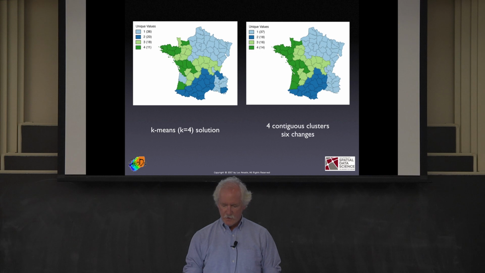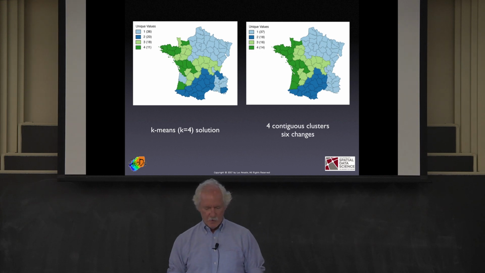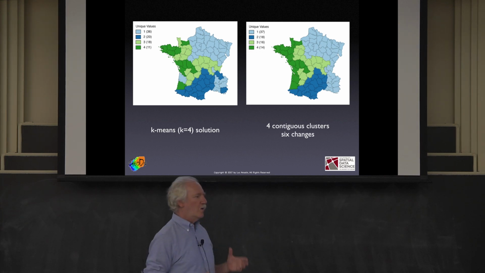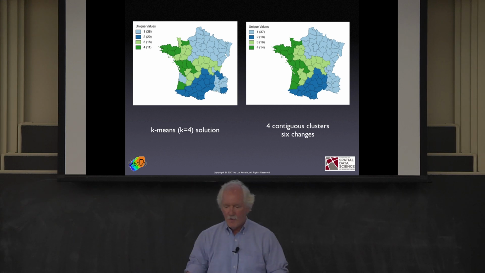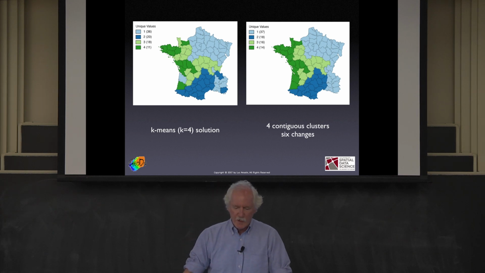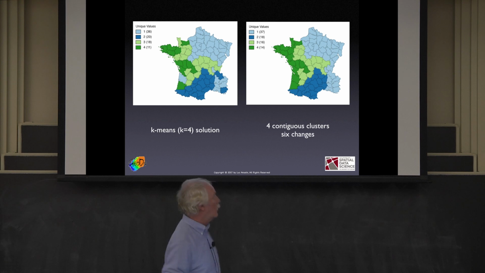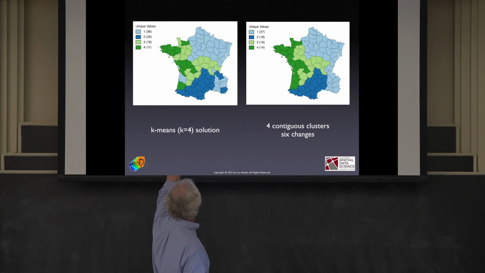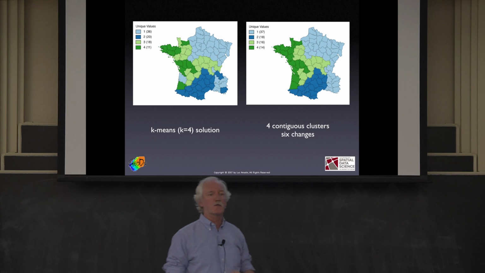So then the next approach is what I call the eyeball method, where you basically identify places where you can make exchanges, for example in the north of the map on the left, moving an observation to the dark green cluster.